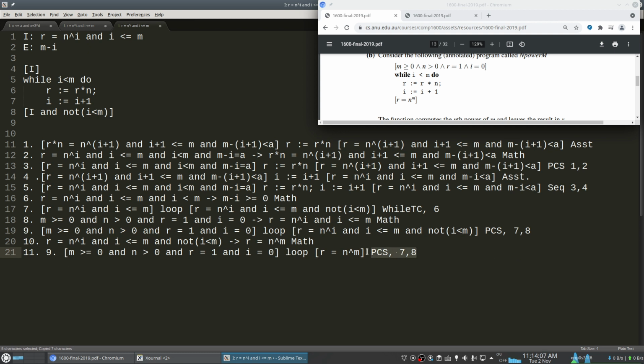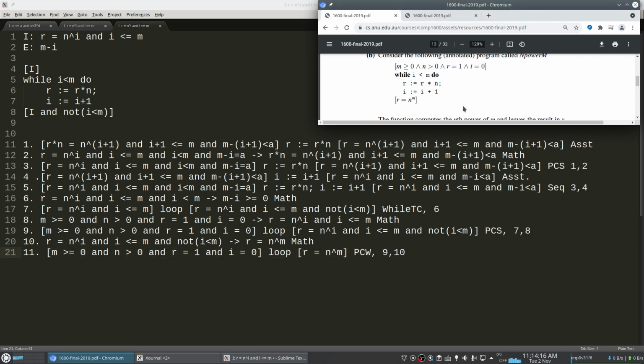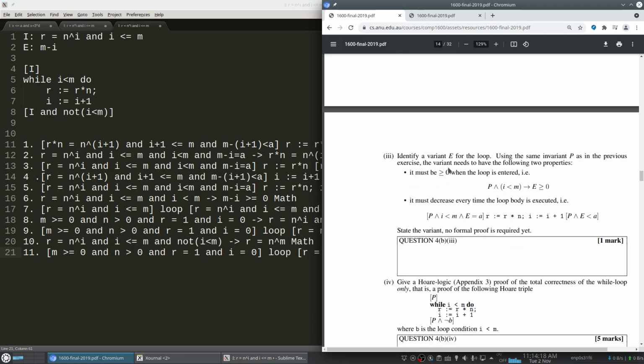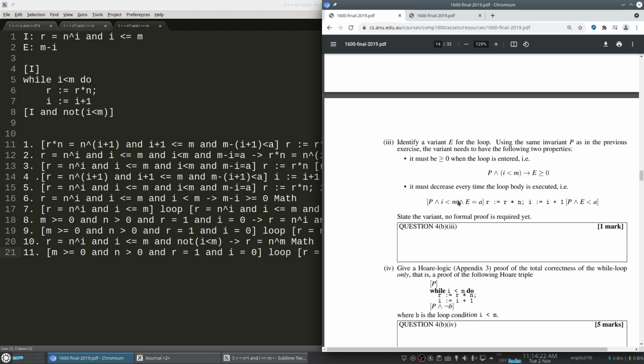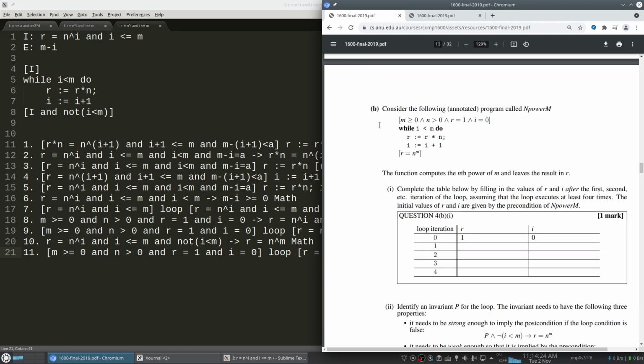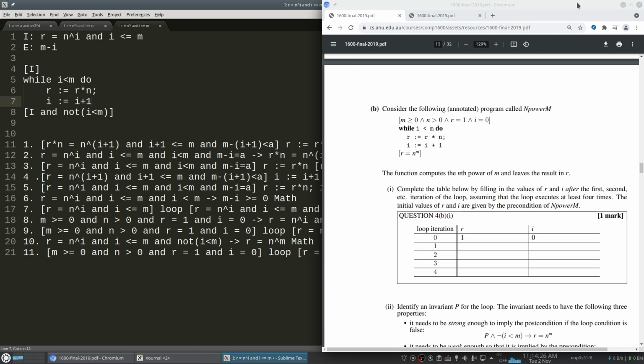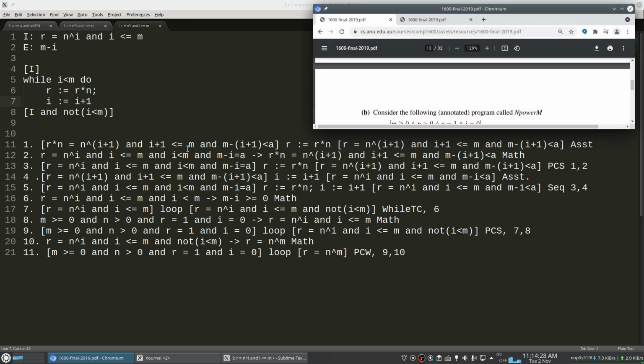So postcondition weakening, lines 9 and 10. And this now precisely matches the statement that I desired. So the exam question didn't actually ask me to do that, and only asked me to go this far, but maybe they ask you to prove the entire statement, which is what I have done here. So, there we go.